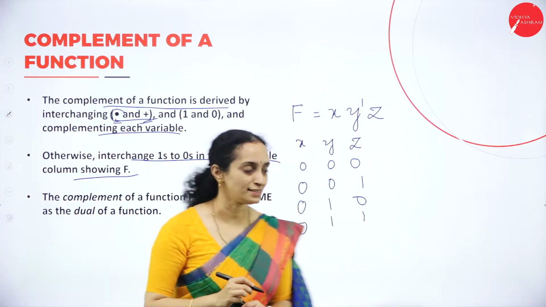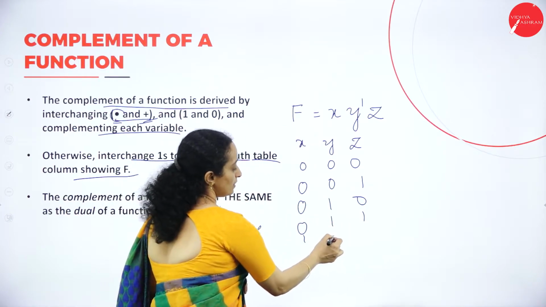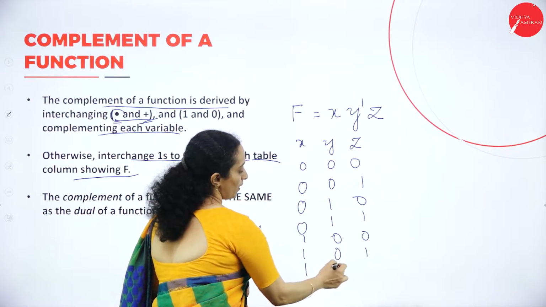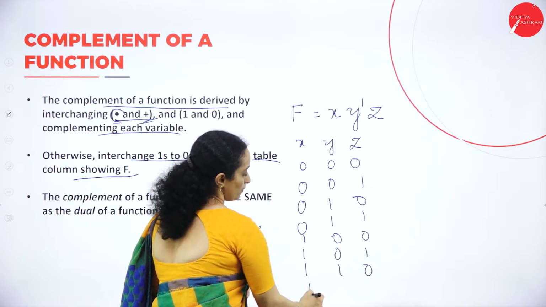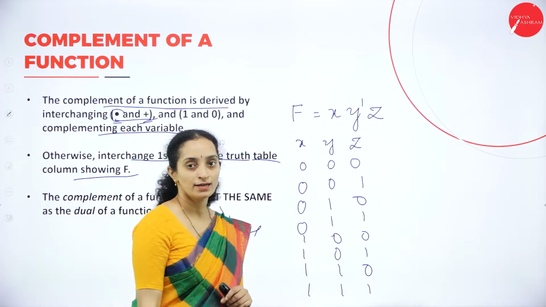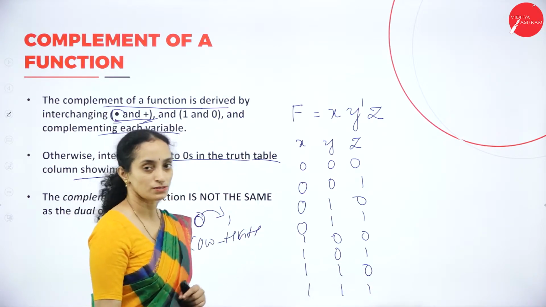Other combinations are 1 0 0, 1 0 1, 1 1 0, 1 1 1. You have 8 combinations of zeros and ones.